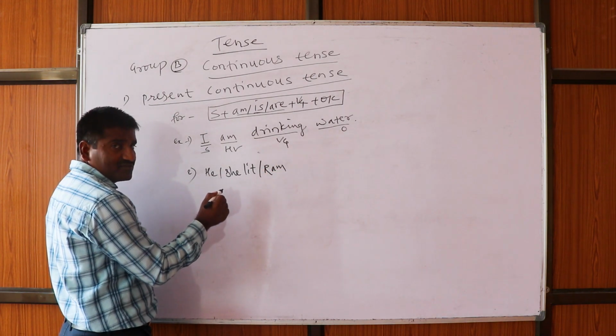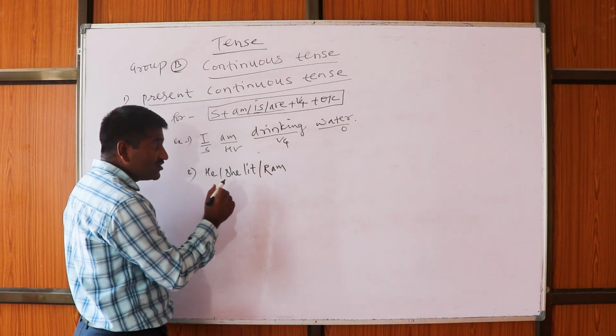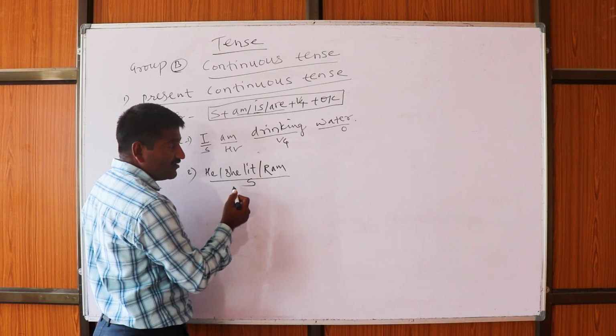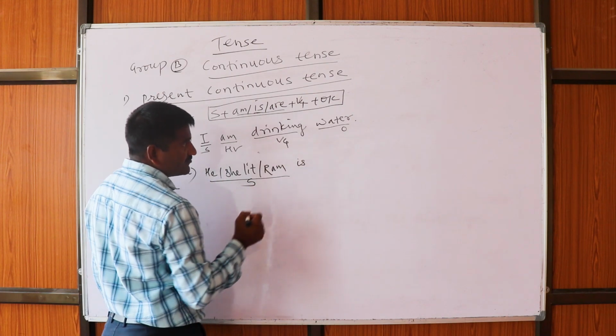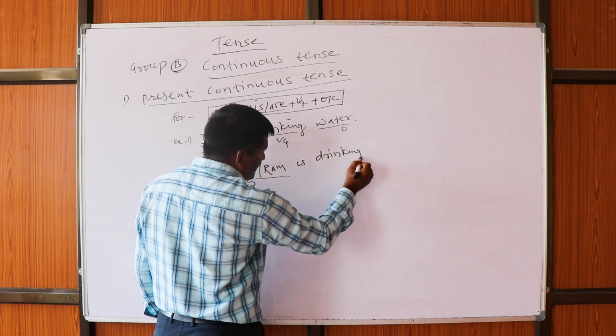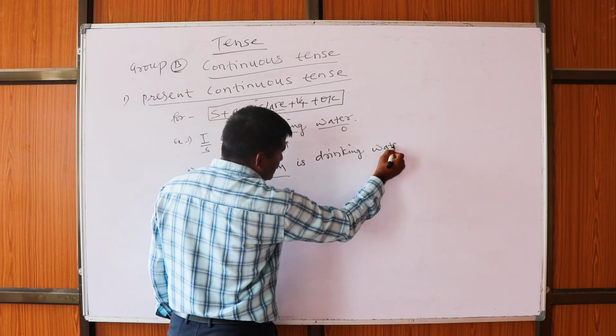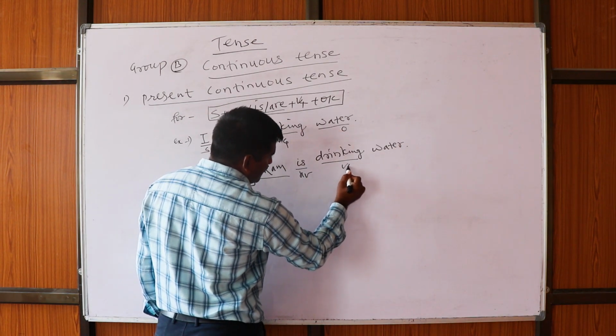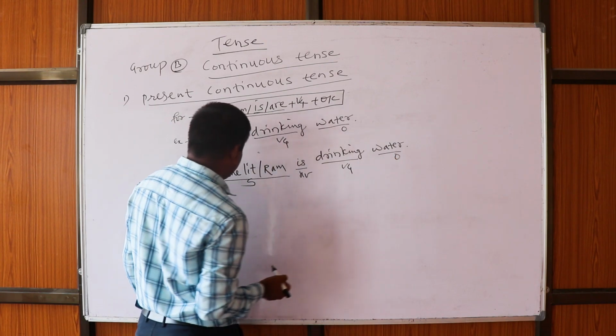So these are the third person singular, and third person singular subjects will take is. Then drinking water, V4, and water is object. So this is helping verb, this is V4, and this is object.